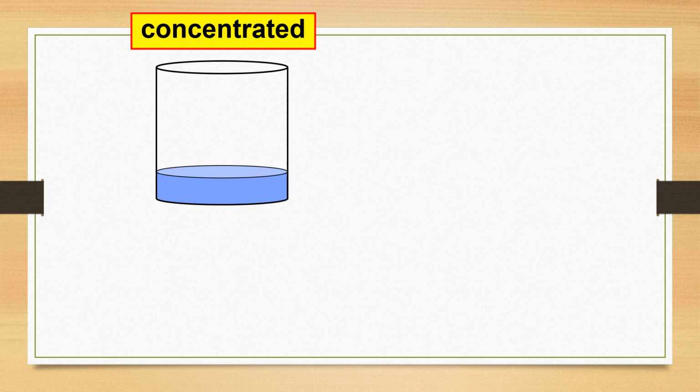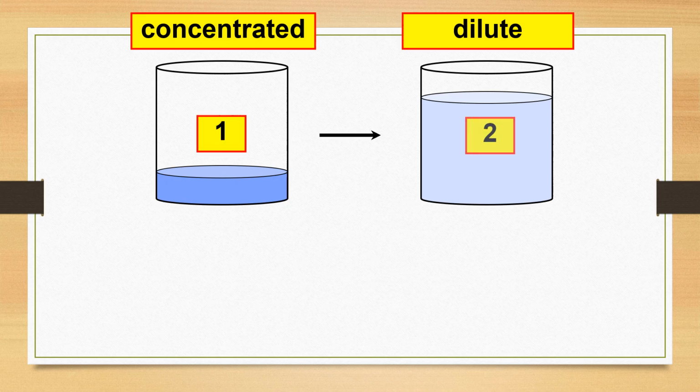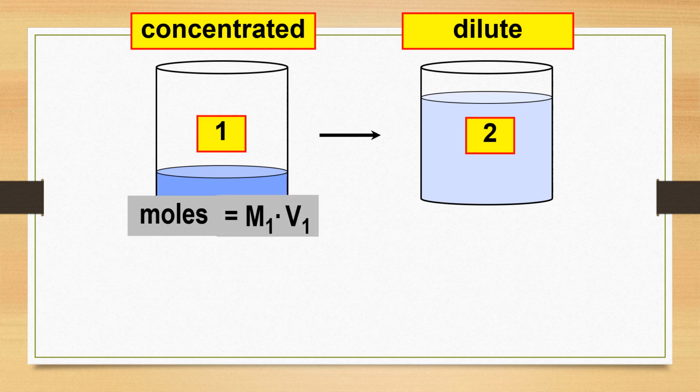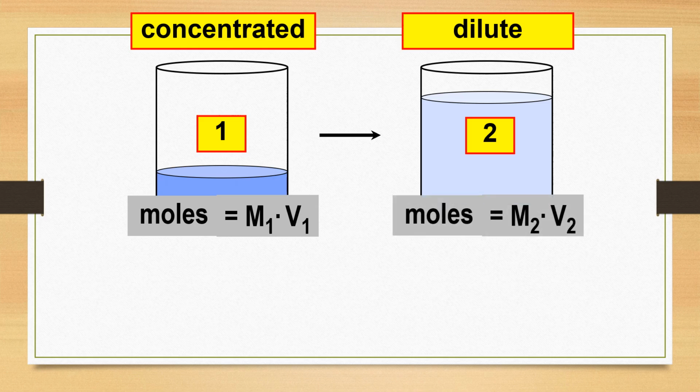From your concentrated solution to a diluted solution, with two concentrations given, you are going to mark the concentrated solution as M1V1 and the diluted solution as M2V2. In our case, we already have the M1, we already have the M2 and V2, and we're looking for V1.